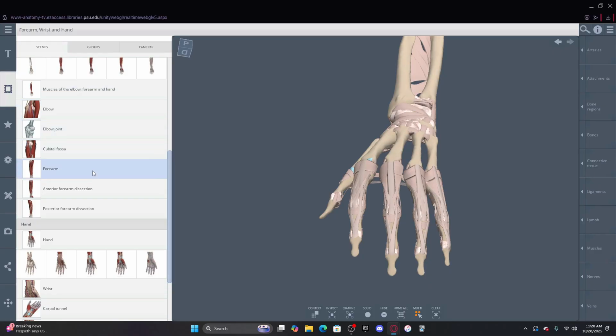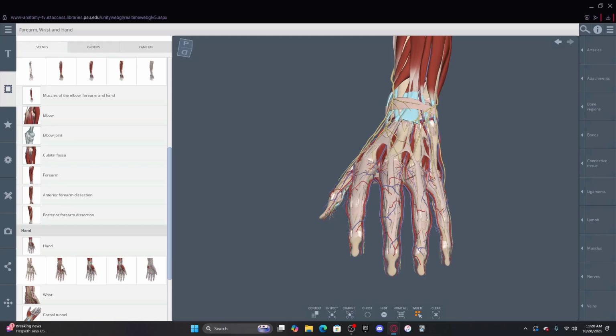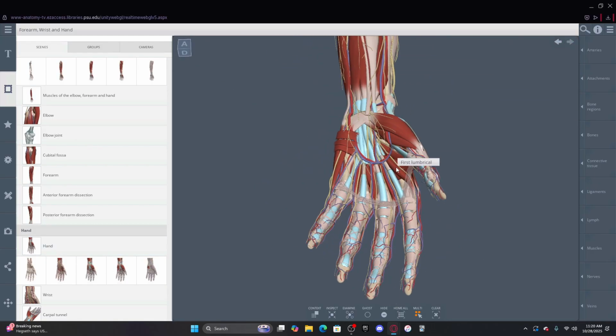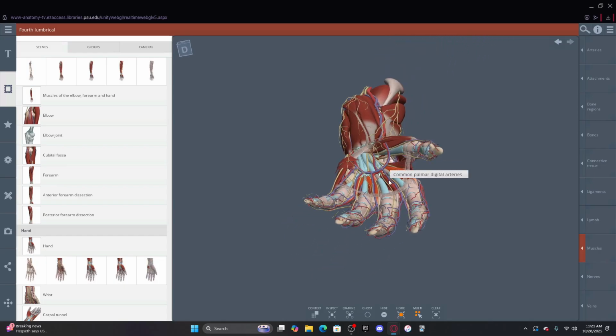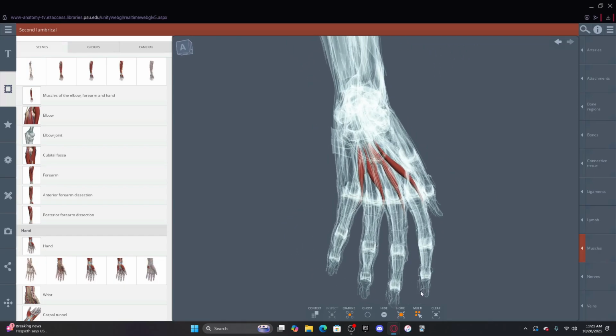So we have that down. Now we can move on to the interossei. But let me get the lumbrical selected one more time, so we can see that now after I've explained what it is doing. Fourth lumbrical.